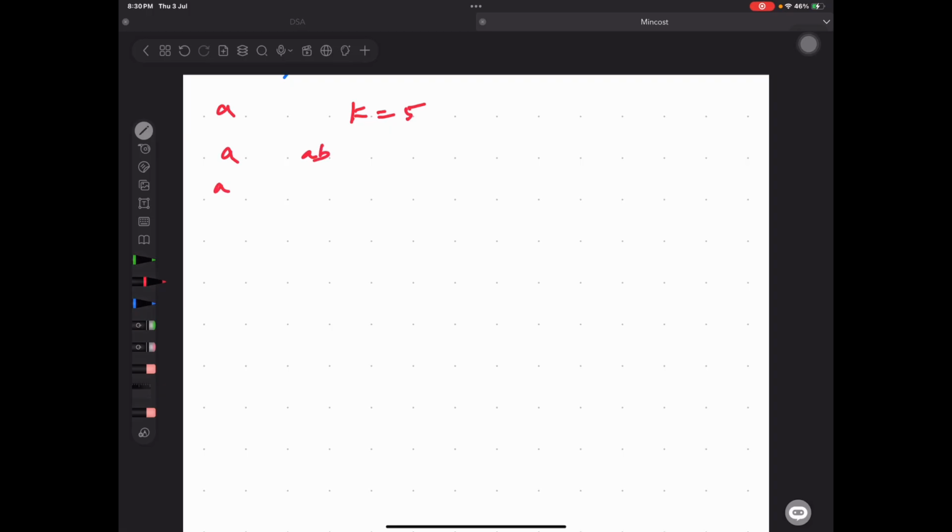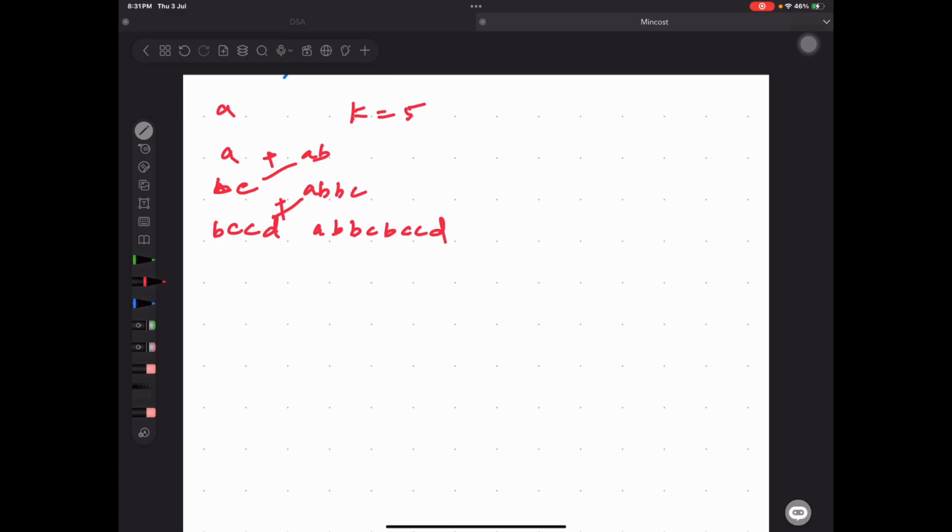For given "ab", the next character of A is B, and the next character of B is C. So what we have to do here is add these characters: "ab", "bc". Next, for A the next character is B, for B it is C, and for C it is D. So we append this: "ab", "bc", "bc", "cd".